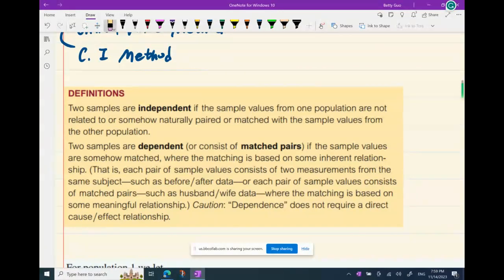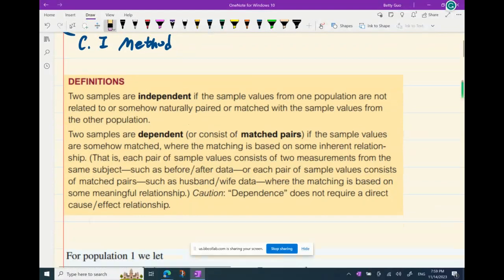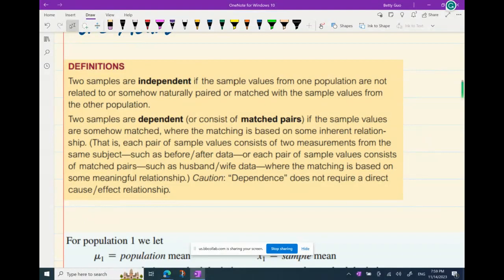And the second paragraph: two samples are dependent if the sample values are somehow matched, where the matching is based on some inherent relationship. That is, each pair of sample values consists of two measurements from the same subject, such as before and after. That's very common. In next section, you're going to see a lot of those.